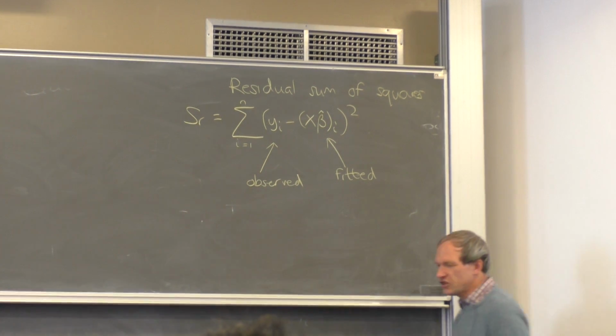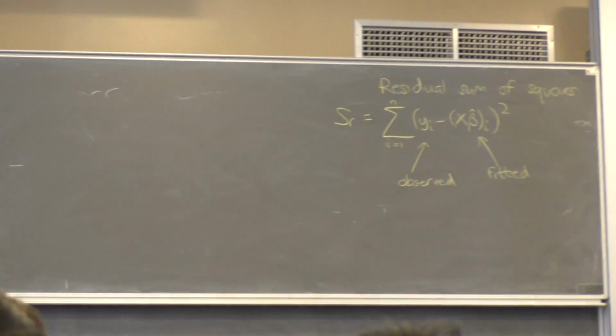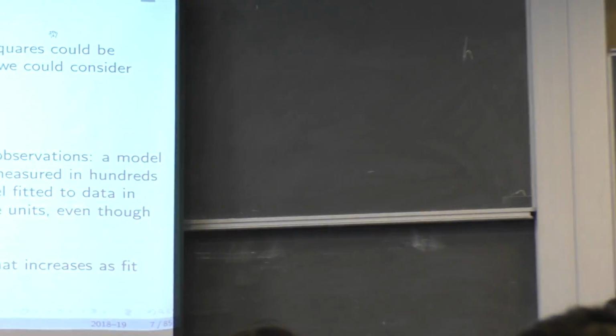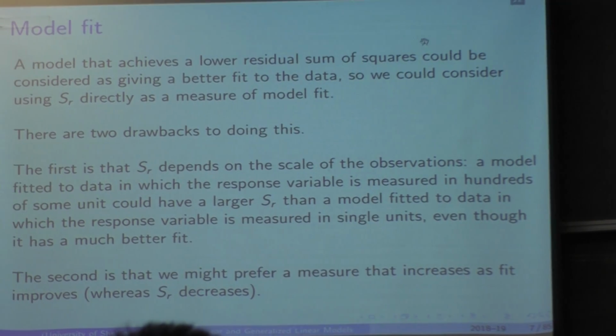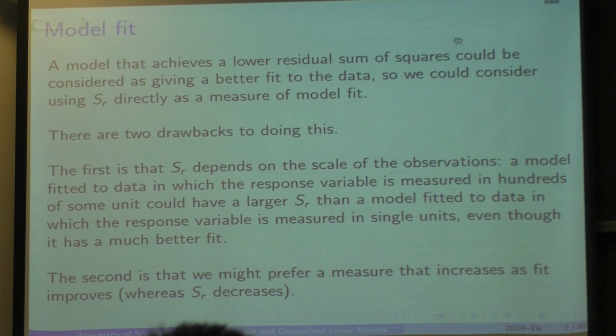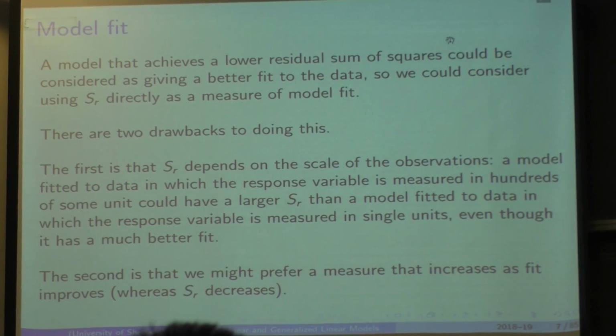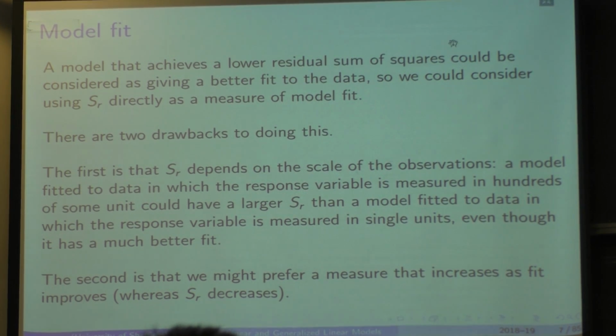The other issue is not really quite as important. It's more just in terms of getting something that we think about in the right way, and that is that SR, the residual sum of squares, is small if we have a good model fit, and normally if we're thinking about scoring something, we want something to be large when we're doing well and small when we're not doing well.